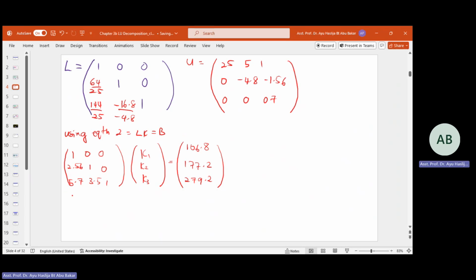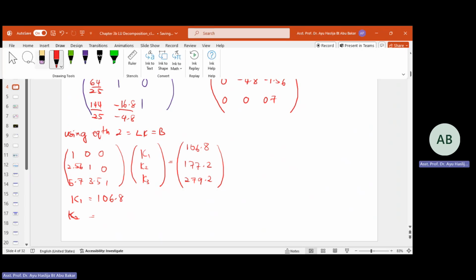From the top row, you can get your K1, which is this value. Then substitute K1 into equation 2, you will get your K2.